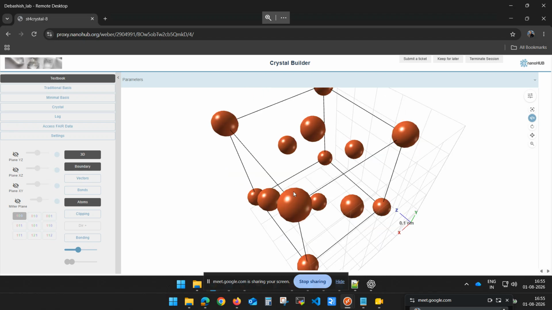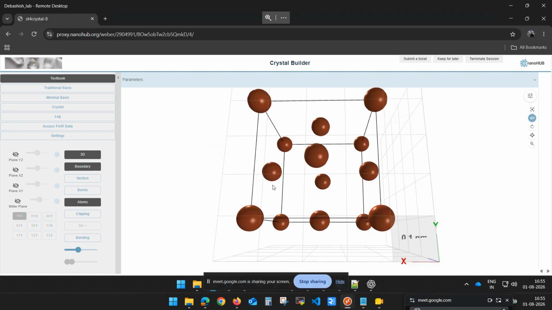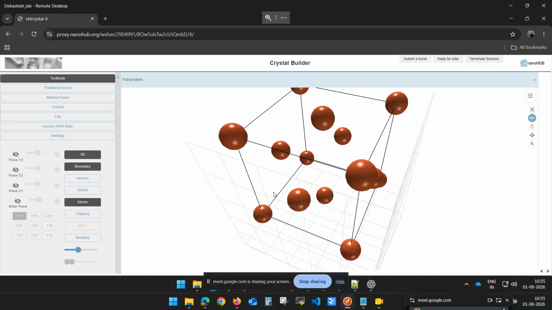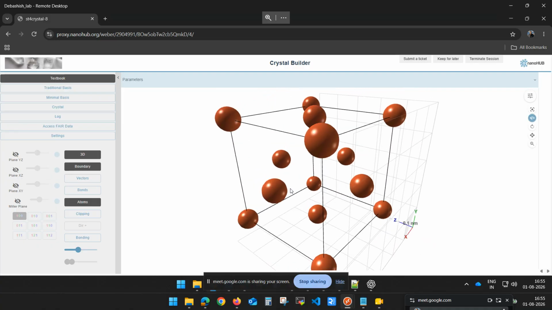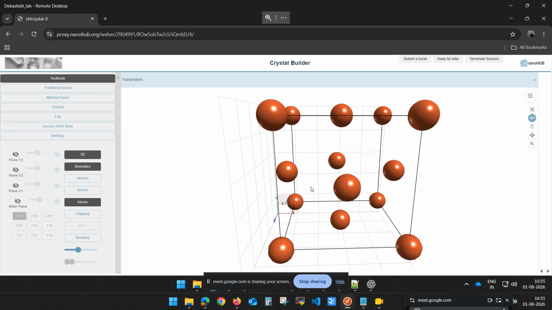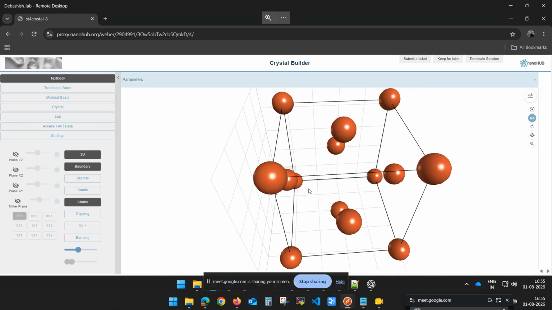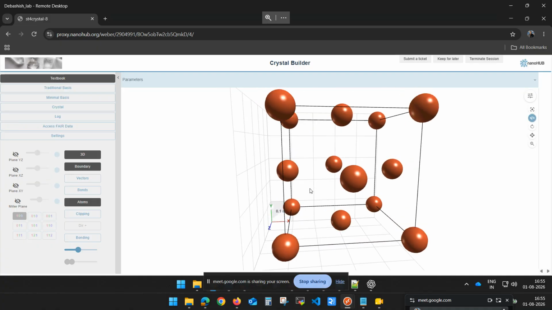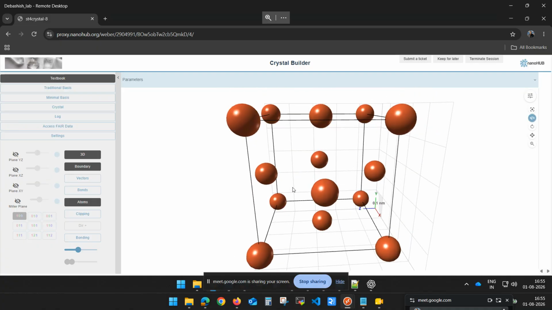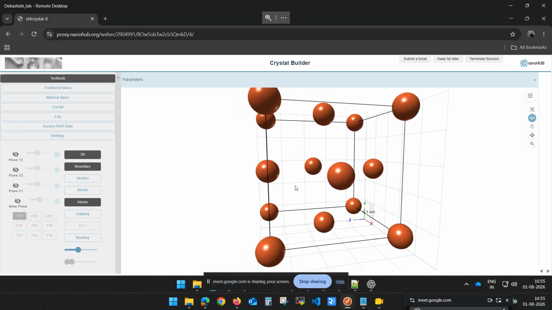Okay, yeah. So this is how my face-centered cubic looks. So 8 corner atoms and 6 atoms that are sitting at the center of the face.